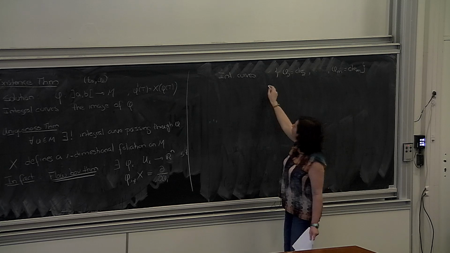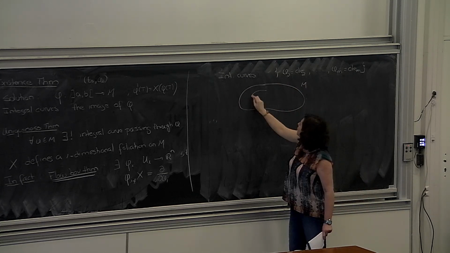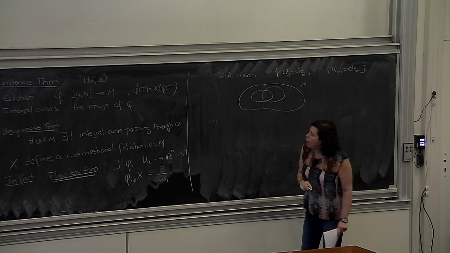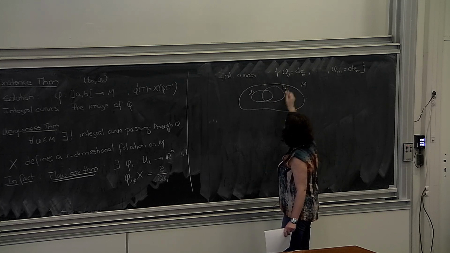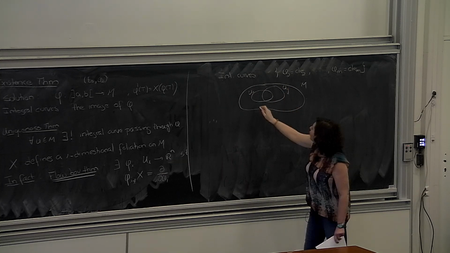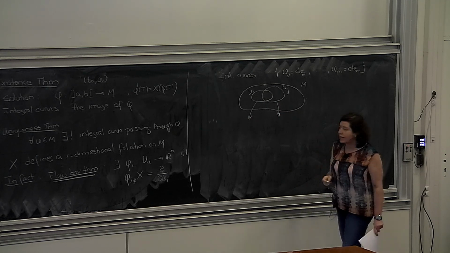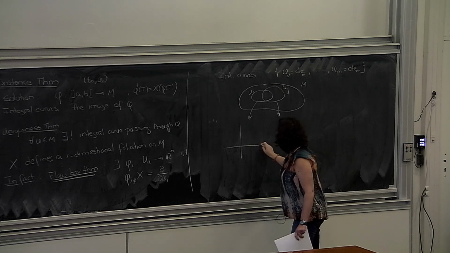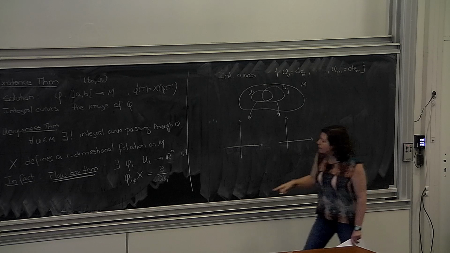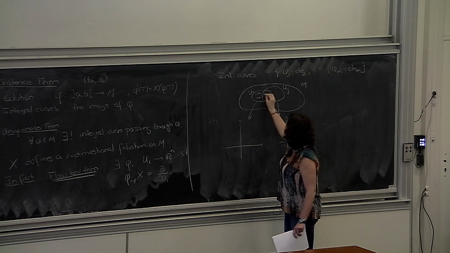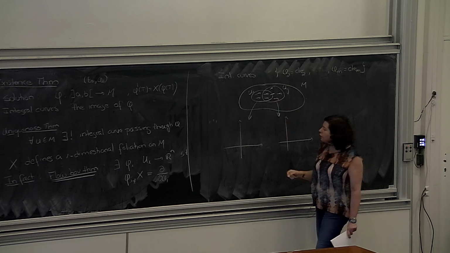So if you have here our manifold M, and we consider here two open sets, V_i and V_j. On each one of these open sets, we have a homeomorphism such that it sends our vector field to the horizontal vector fields.